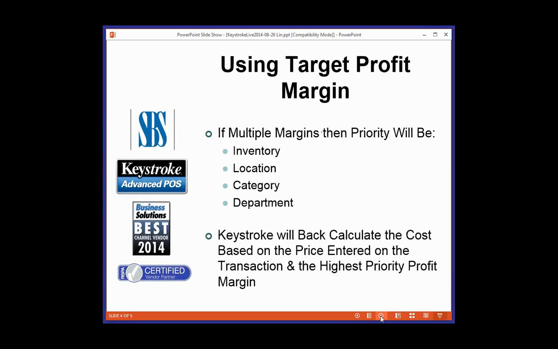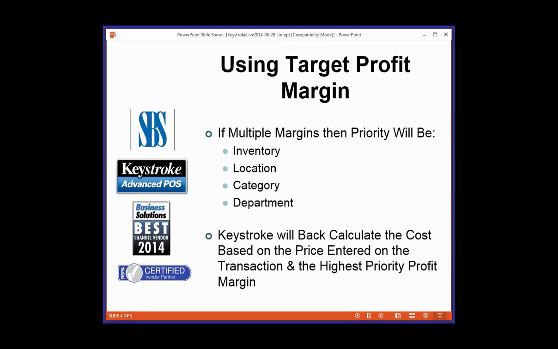The thing to remember, and I'm going to show you all of this in Keystroke as well, is that you can have a target profit margin on the inventory record, on the location that's attached to an inventory record, on the category, or on the department. And that is the priority that Keystroke uses.